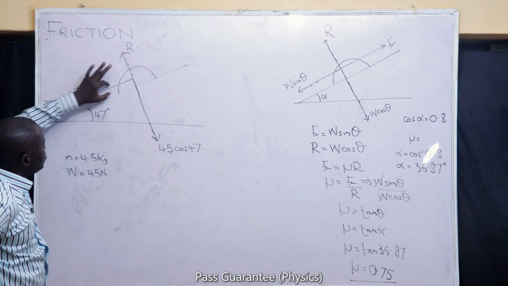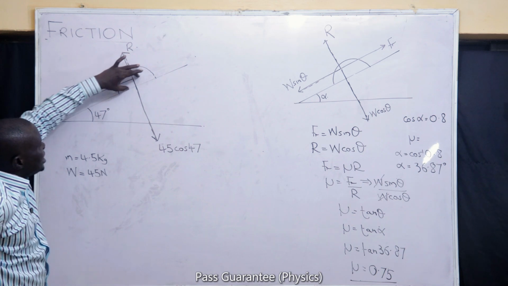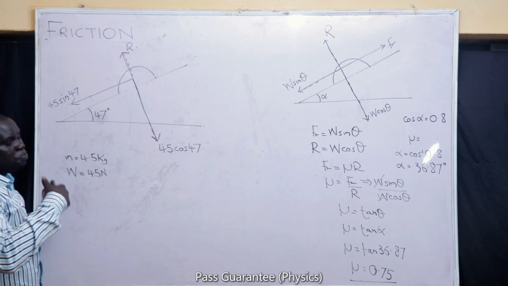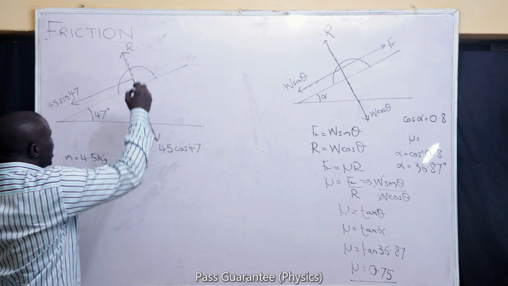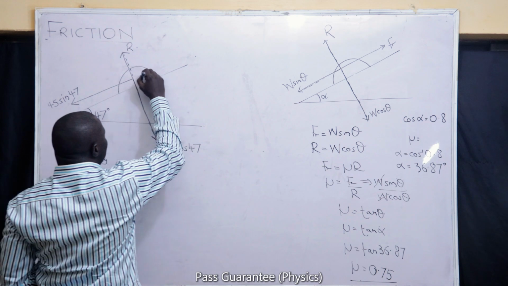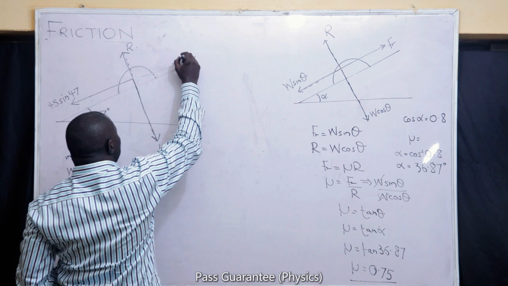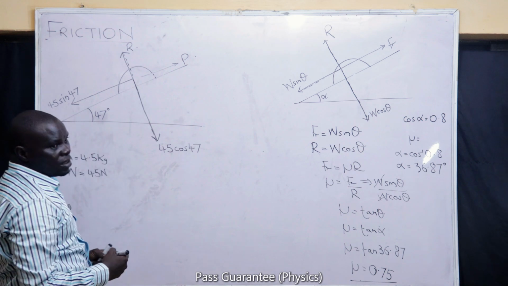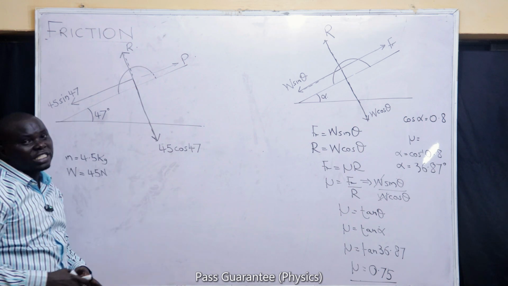And because this force has not been balanced, this object will go in the direction of this force. That is why they are now asking for a force P that will be put along the surface that will prevent it from sliding down. The force that will prevent it from sliding down must go against the direction of sliding down. So that also is a force that looks like friction.